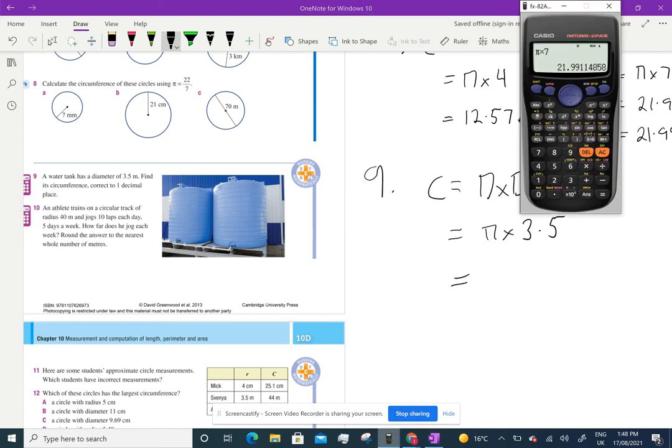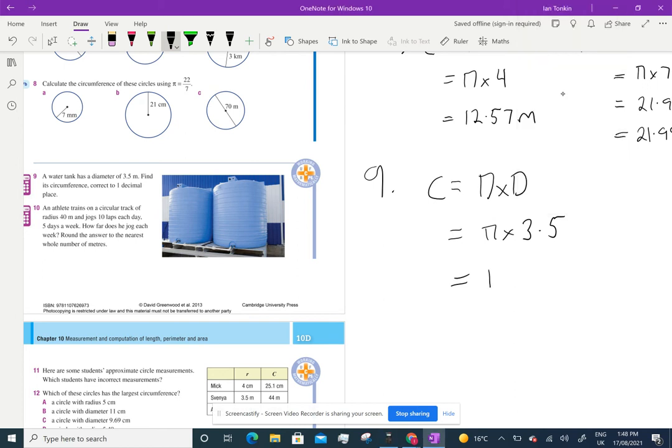So I'll pull out my calculator. Again, I just use my back arrow. I delete the 7 and I put in 3.5. I get 10.99. Now remember, I'm only going to 1 decimal place. 10.99 and then a whole lot of more decimals. I go to here.